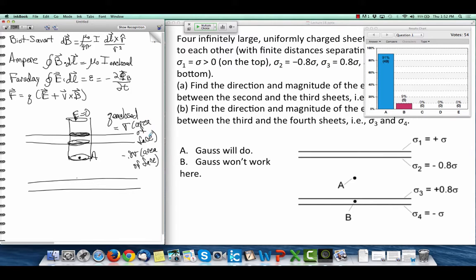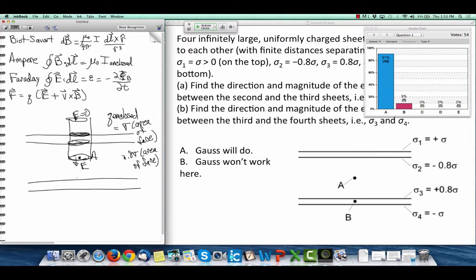So there's a net positive charge, which means there will be an electric field that points down. So the electric field at that point A times the area of that face is, by Gauss's law, equal to this Q enclosed divided by E0.